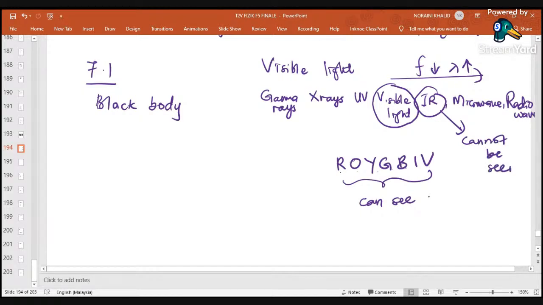So we talk about electromagnetic radiation produced by black body. Depends on its temperature, it can produce visible light and also non-visible light, infrared or ultraviolet, which we cannot see. We just can observe the 7 colors: red, orange, yellow, green, blue, indigo, and violet.